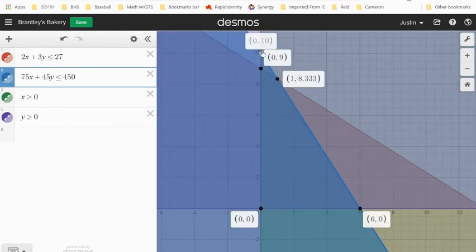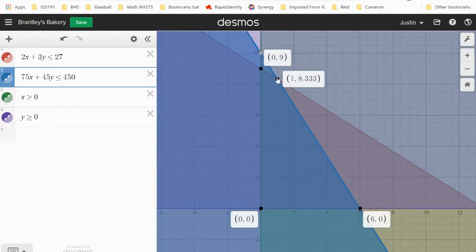I don't really care about this dot up here because that's not below this red line. So it's got to be below the red line, below the blue line, above the, I'm not sure what color that line is, purple maybe, and then to the right of the green line. Okay, so it's inside this quadrilateral shape.